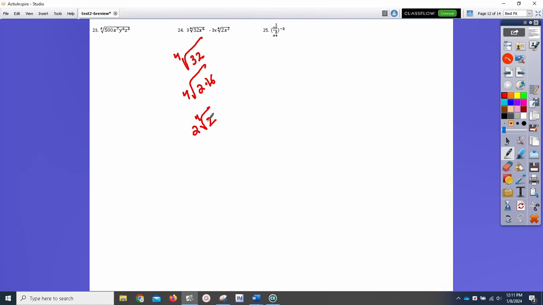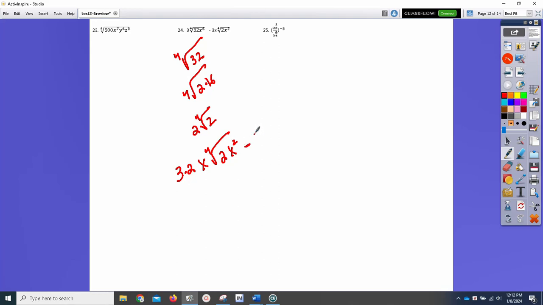All right. 4 enters 6 one time, so there's going to be an x outside. We've already got a 3. Now I've introduced a 2. 4 enters 6 once. We're going to introduce the x. Let me clear that out. Doesn't look quite right. 4th roots, there's a 2 inside, and 4 enters 6 once with a remainder of 2.